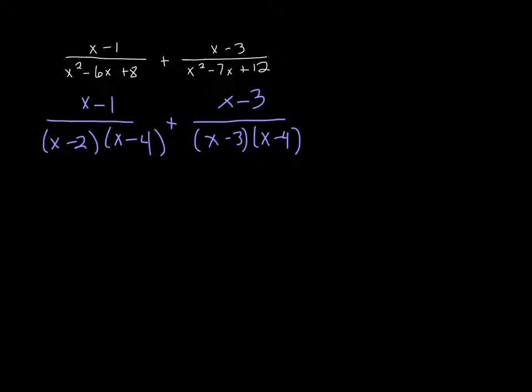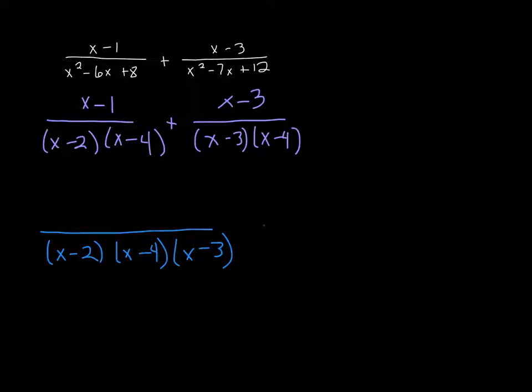Okay, now we need a common denominator. So every group that we have in a denominator needs to be included. So we have an x minus 2, an x minus 4 in the first fraction. Next fraction we have an x minus 3. We have an x minus 4 again, but we don't have to include it again. So x minus 2, x minus 4, and x minus 3.